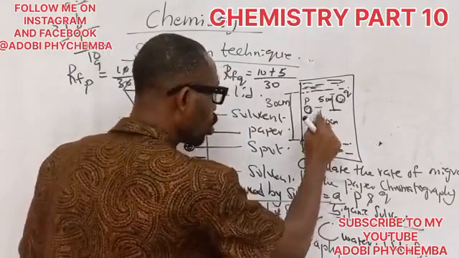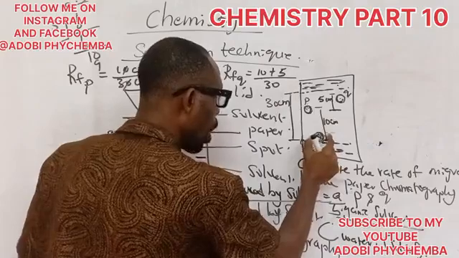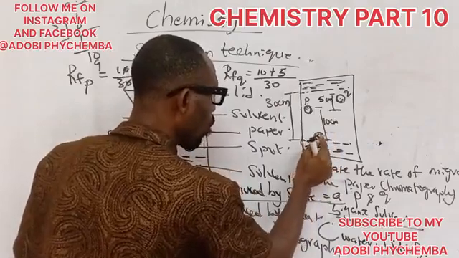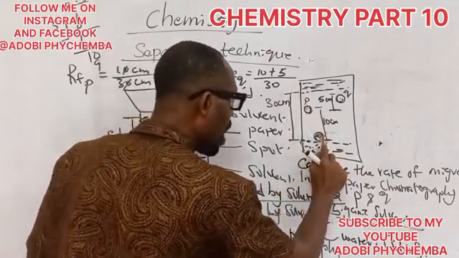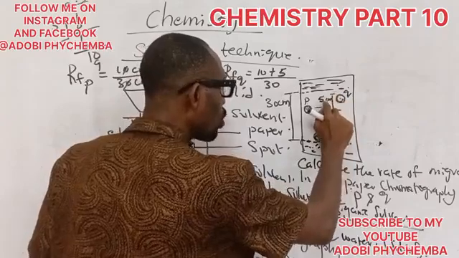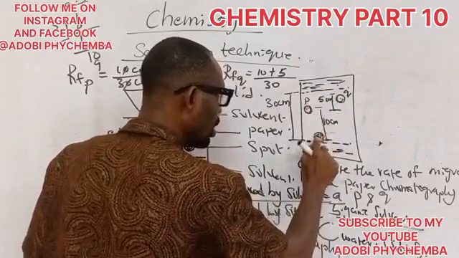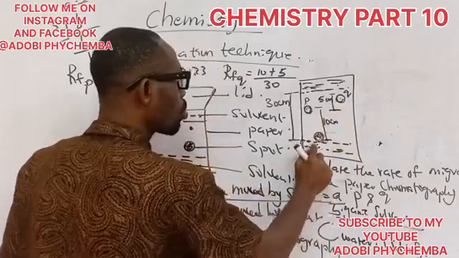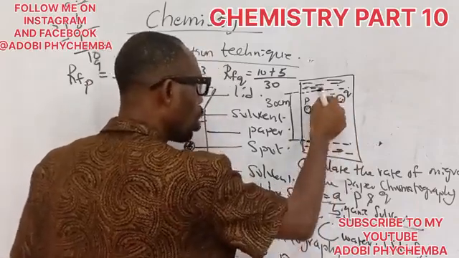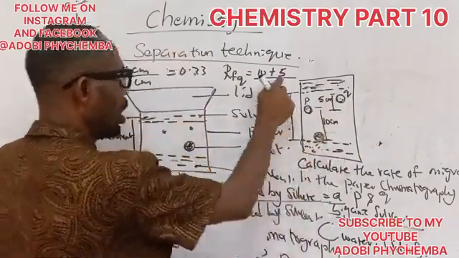Immediately the separation happened, it gave us a distance of 10 from the original position to point P. And then from here to this place, you are supposed to add the separation that took place between this and this, because this Q is ahead of this one. So the original position from Q to this will now be 15, meaning you add 5 plus 10. That's why we did that.